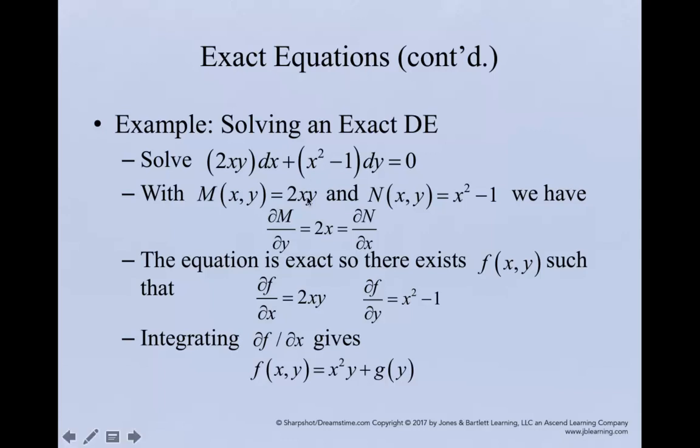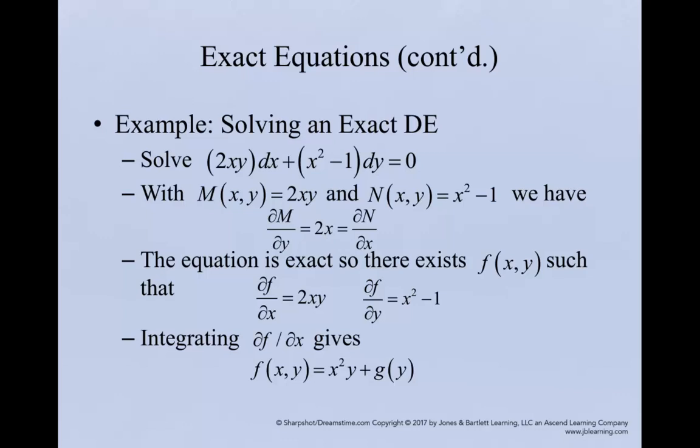So when we take the partial derivative of this expression with respect to y, 2x just looks like a constant. In this case, we're taking the partial derivative of N with respect to x, and so this will differentiate into 2x, and this will go to 0. So the partial of M with respect to y is equal to the partial of N with respect to x is equal to 2x. And so the equation is exact.